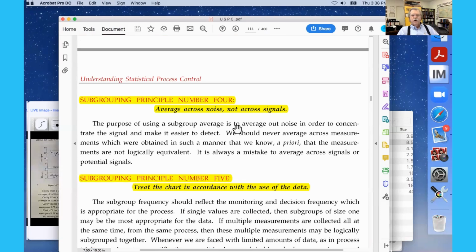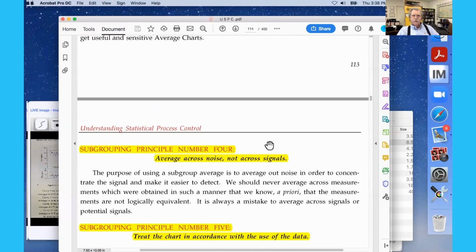Average across noise, not across signals. When you start burying the signals in the chart, you get a chart like page 104. Look at the width of the limits on the X bar chart on page 104. 4 to 16.